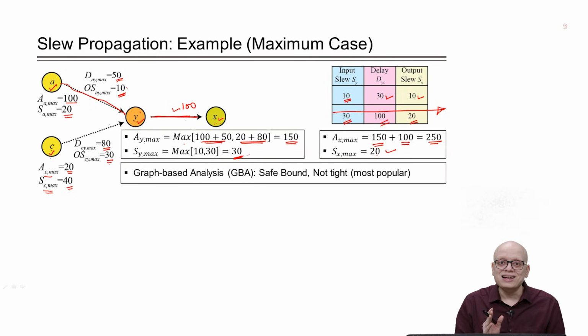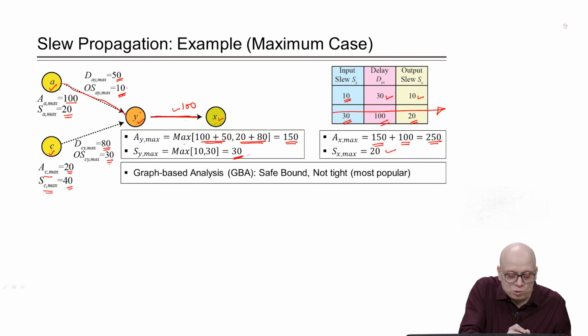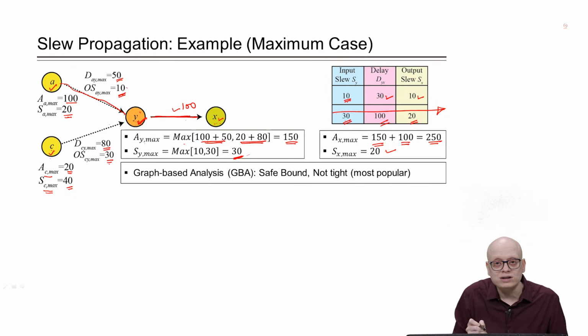But note here that there is a problem. The problem is that we have computed the arrival time at this vertex y through the path A to y, right. That was showing the worst arrival time, 100 plus 50, we have taken as 150, not the other path.